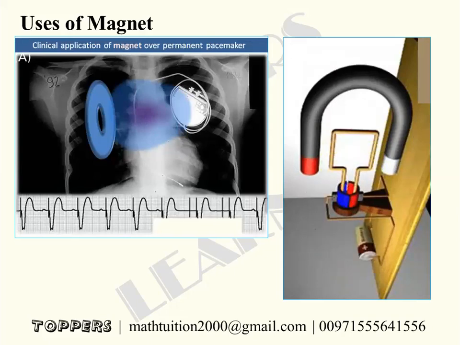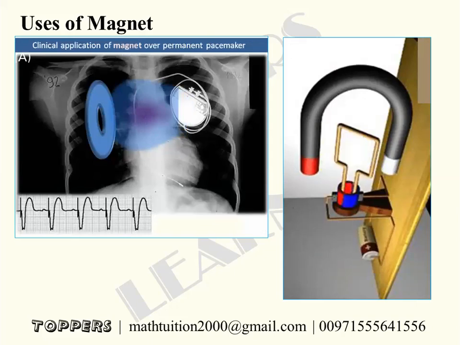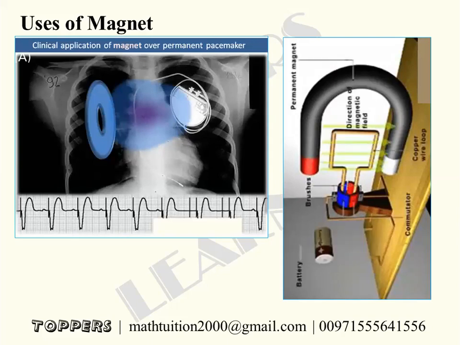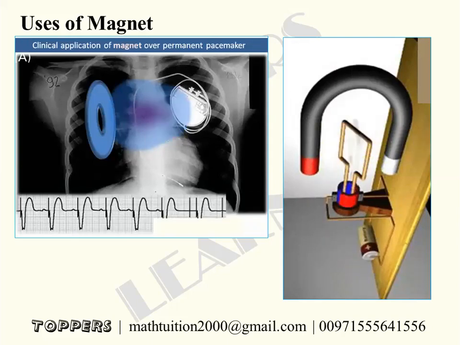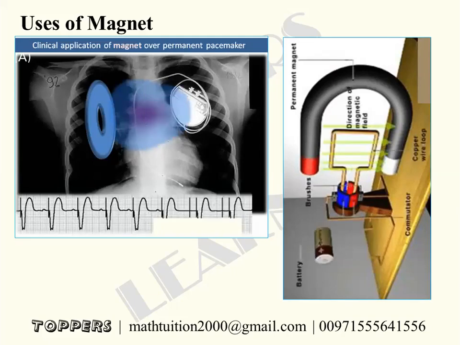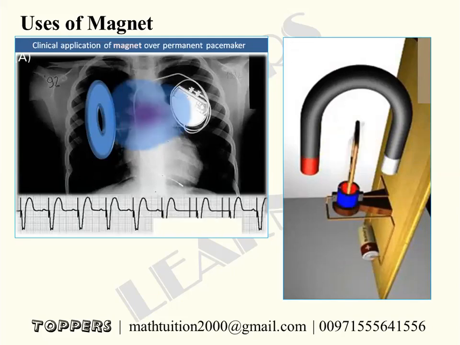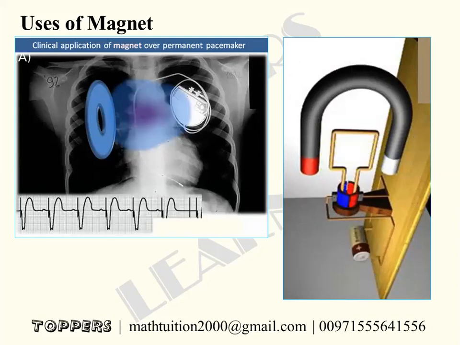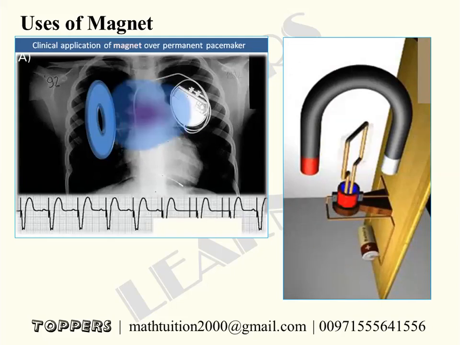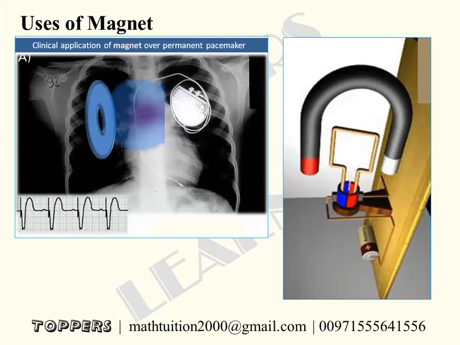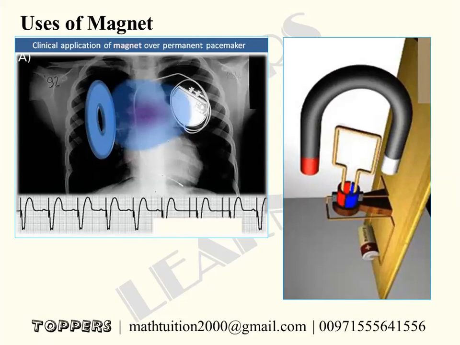So when we pass electric current, what happens? That coil will become a magnet. That magnet is placed inside another magnet. So these two magnets will interact with each other, and there will be a force of action.